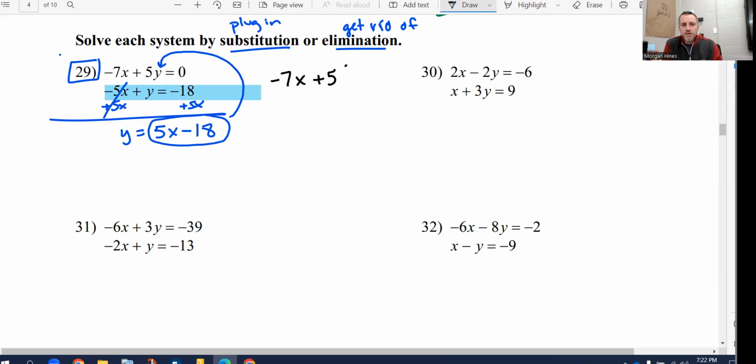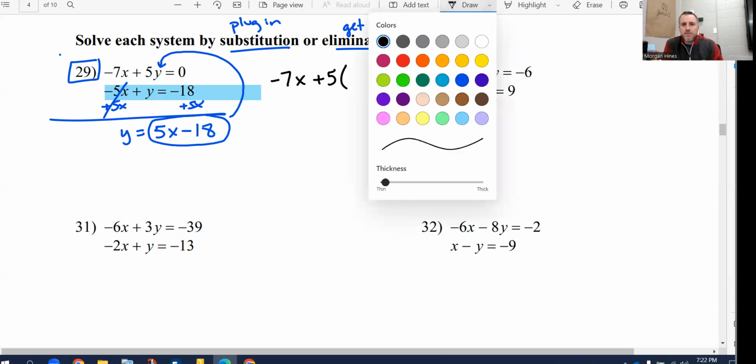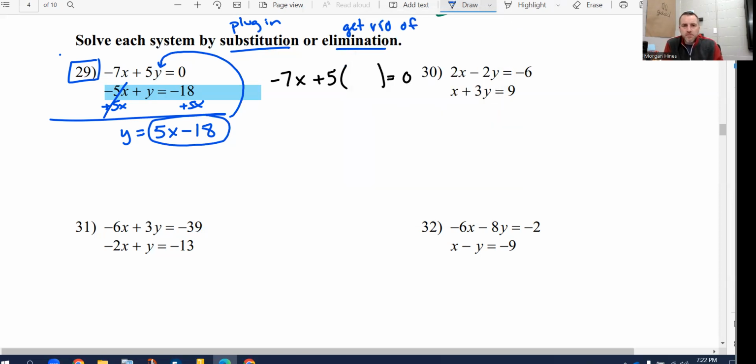The only thing that's going to change about that equation is instead of writing y, I'm going to replace it with the thing that I'm saying is the same as y. That's what this equal sign means. It means those two things are the same. And so in any equation, I can either put a y, or instead of y, I could put a 5x minus 18.